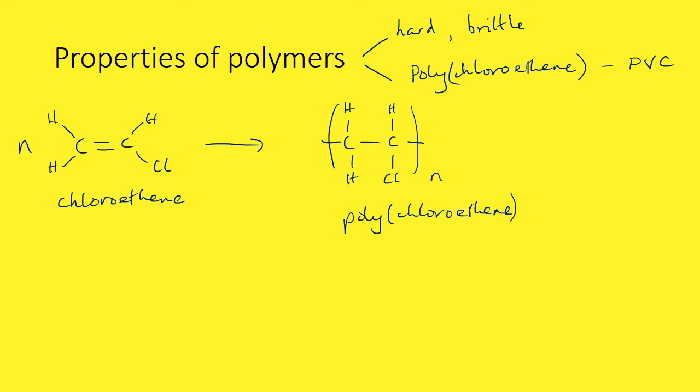Now we mentioned that the chlorine was electronegative and drew electrons towards itself, giving it a partially negative charge, leaving the carbon that it's bonded to partially positive. And we can represent this diagrammatically by looking at a polymer chain as a zigzag line, as usual. And you might have a chlorine coming off this carbon here.